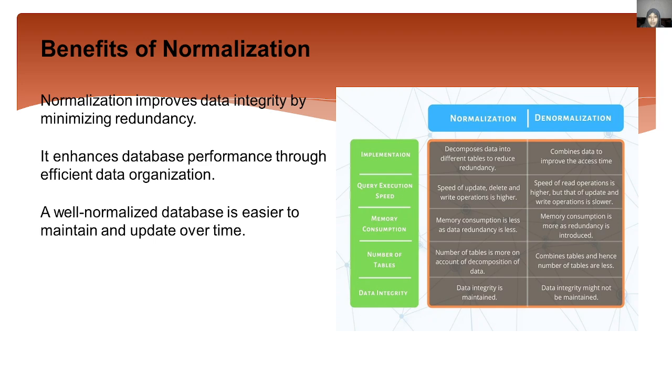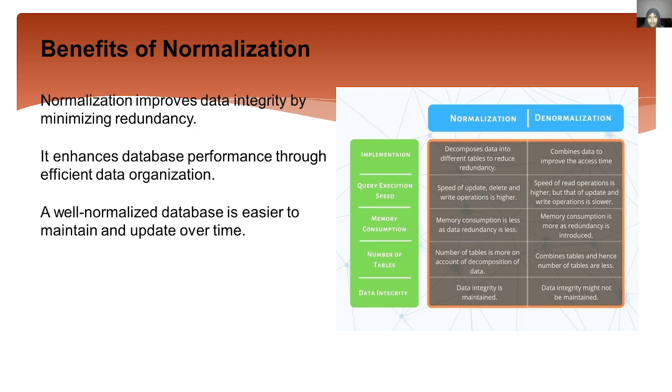Query execution speed. Normalization speeds up data update, delete and write operations, whereas in denormalization the speed of read operations is higher but that of update and write operations is slower. Memory consumption. When it comes to normalization, the memory consumption is less as data redundancy is less.